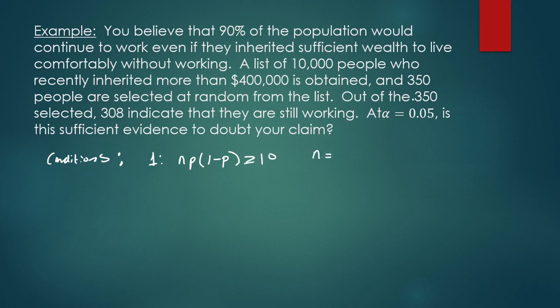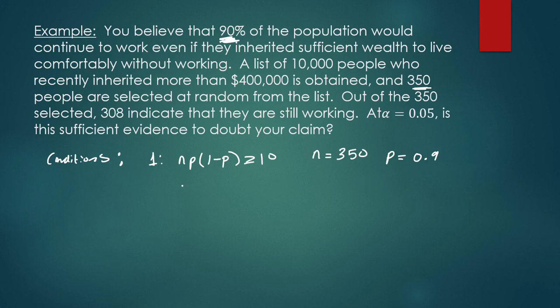Looking at the problem, we selected 350 people, so n is 350. p is the proportion of those in the population that believe they would continue to work, and in this case we have 90%. So we're going to put p as 0.9 for 90%.